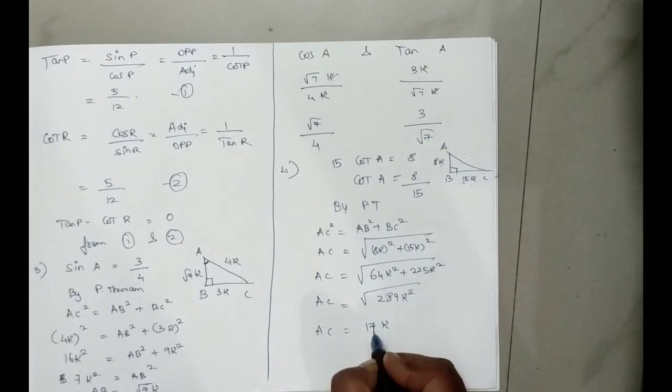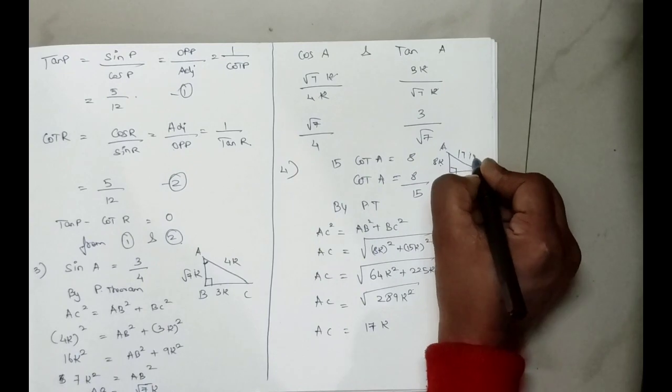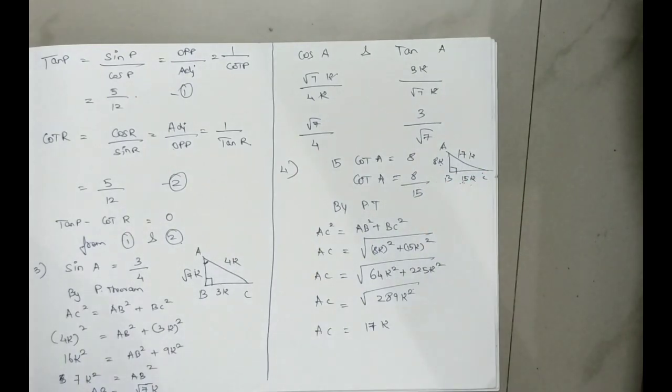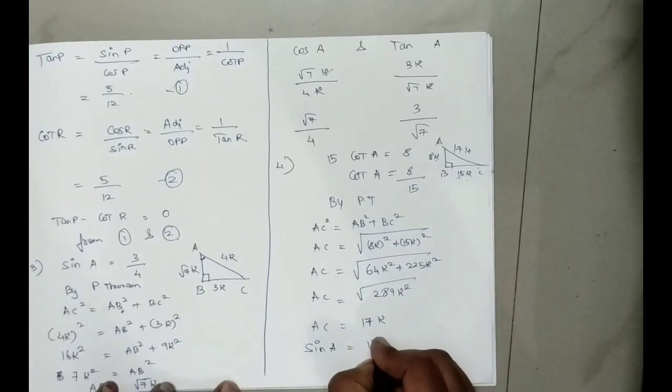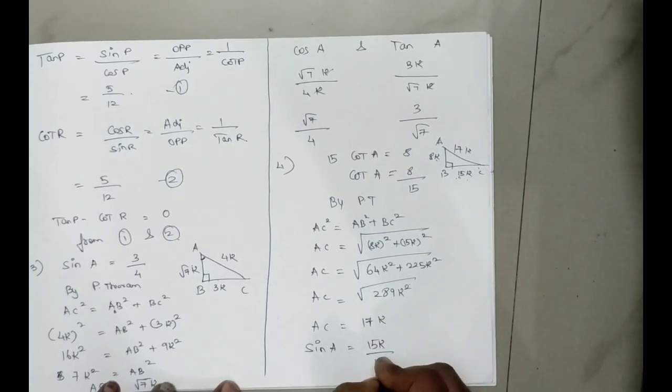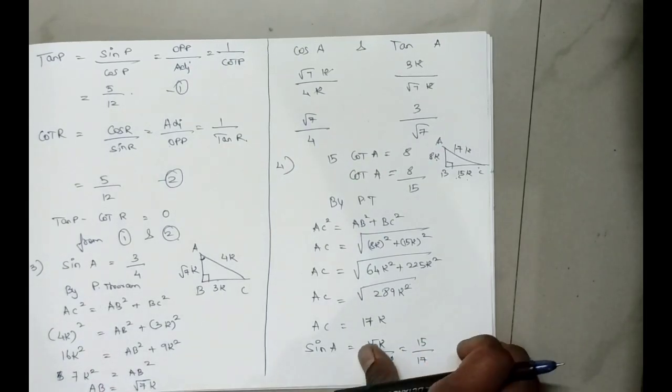So this is 17k, this value is 17k. Now what they have asked in the question is, you can take your textbooks and see. It is given as sine A and secant A. Find sine A and secant A. Okay, so sine A is nothing but opposite by hypotenuse, which is 15k divided by 17k. K and k you can cancel here, and it is going to be 15 by 17.